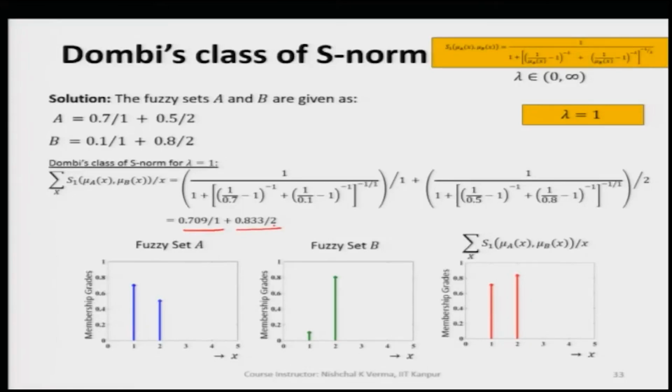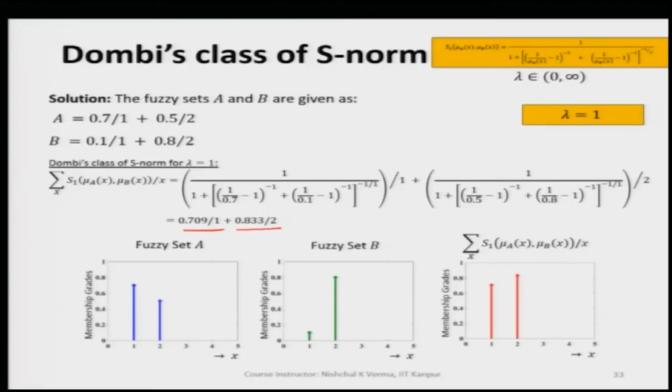The first term is 0.709 oblique 1 plus 0.833 oblique 2.